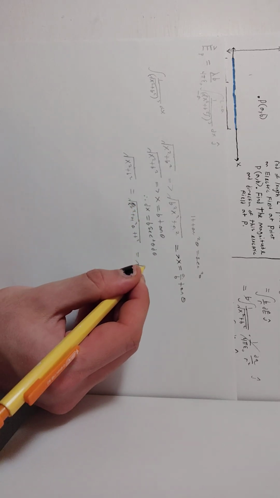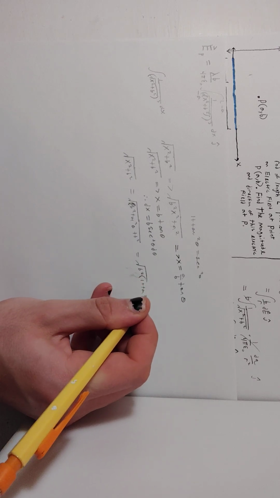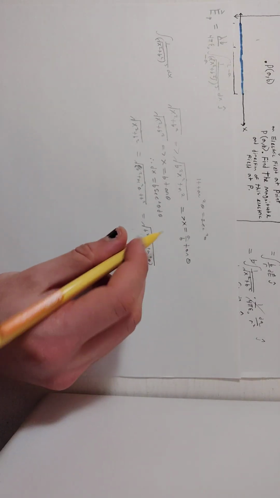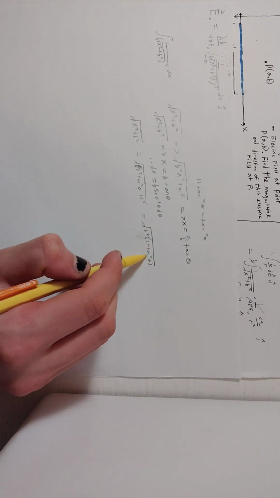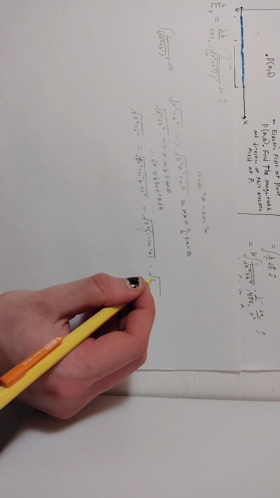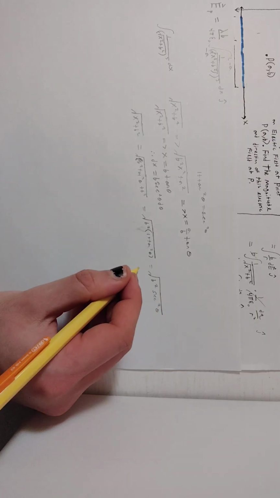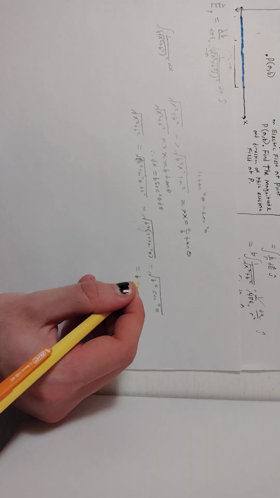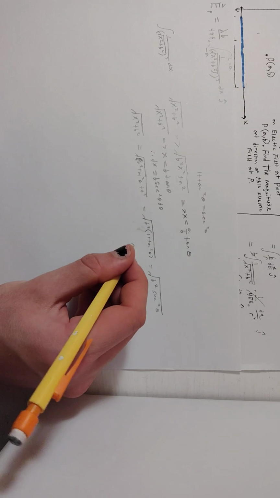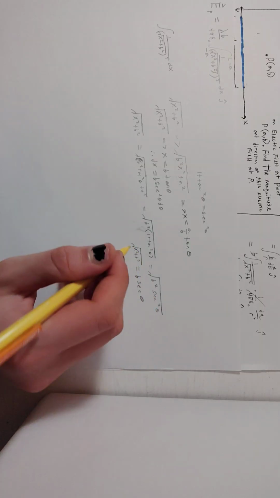I can factor a b squared out times 1 plus tangent squared theta. Now we know because of the trig identity up here that 1 plus tangent squared theta simplifies to secant squared theta. This really equals the square root of b squared secant squared theta. If I take the square root, I end up getting b secant theta. So this is what the whole square root of x squared plus b squared actually equals: b secant theta.